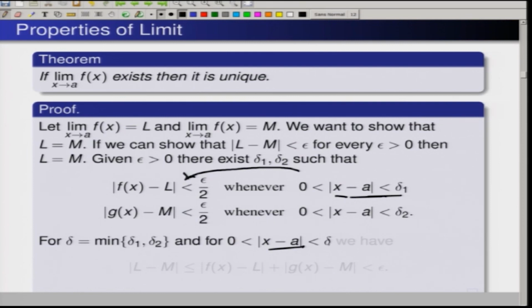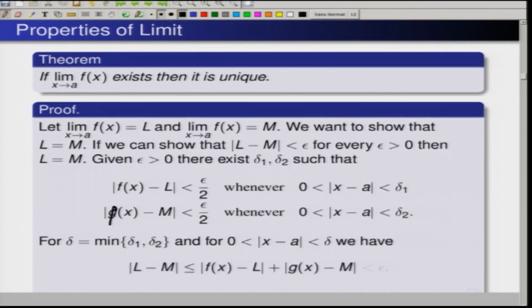Similarly, if |x − a| is less than delta, we will get that it is less than delta 2, because delta is the minimum of delta 1 and delta 2. This will imply that |f(x) − m| is less than epsilon/2. Thus, we have, okay.